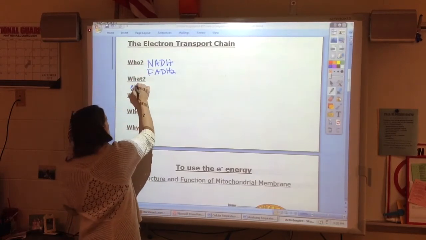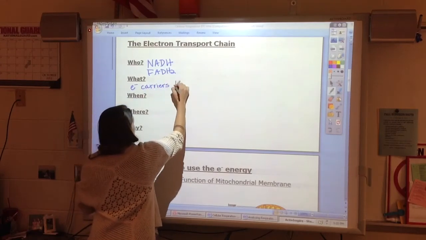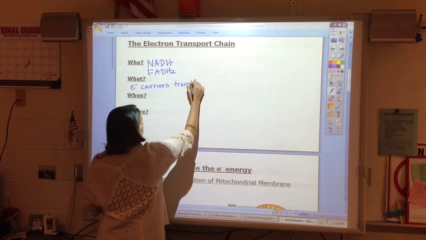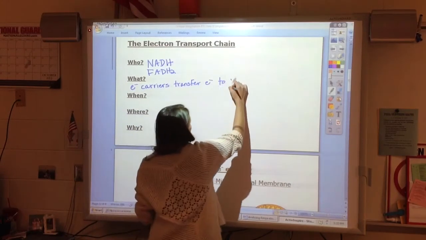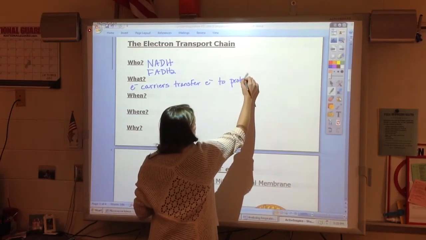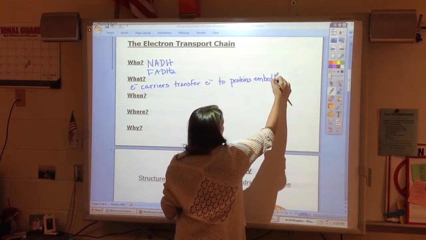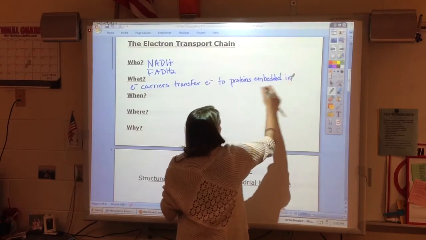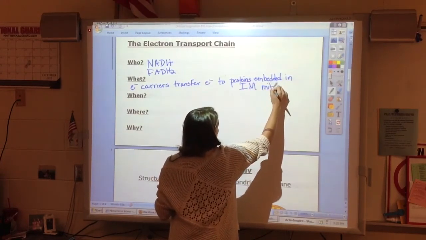Our electron carriers transfer the electrons to proteins embedded in the membrane, the inner membrane of the mitochondria.